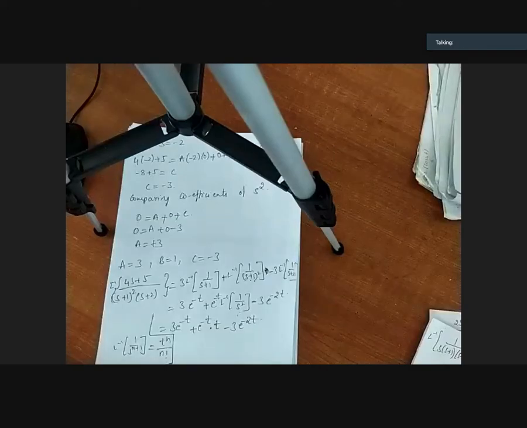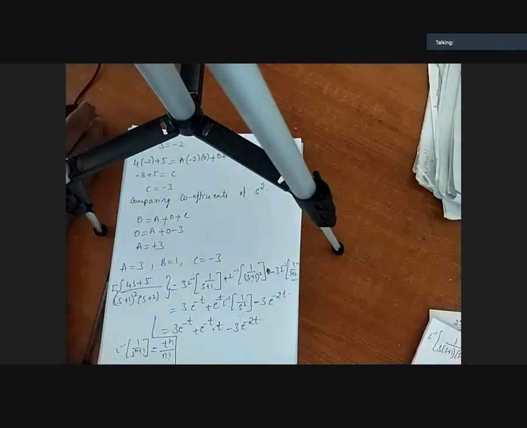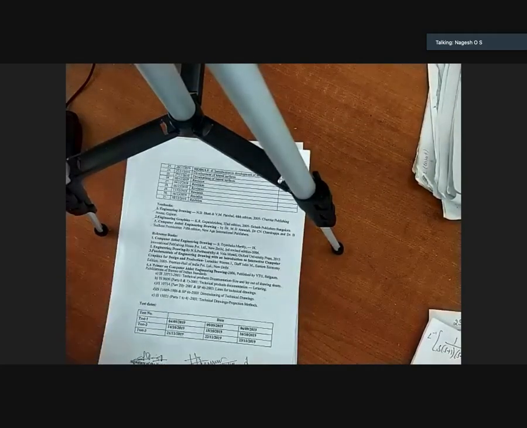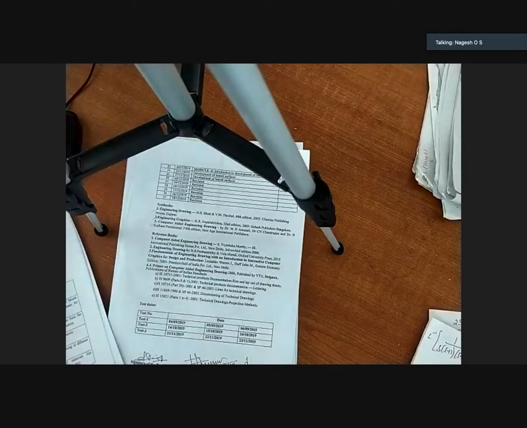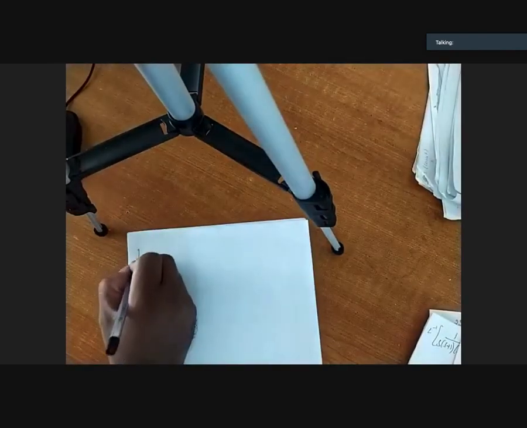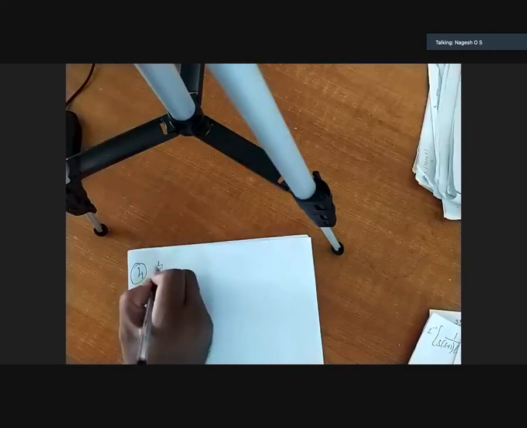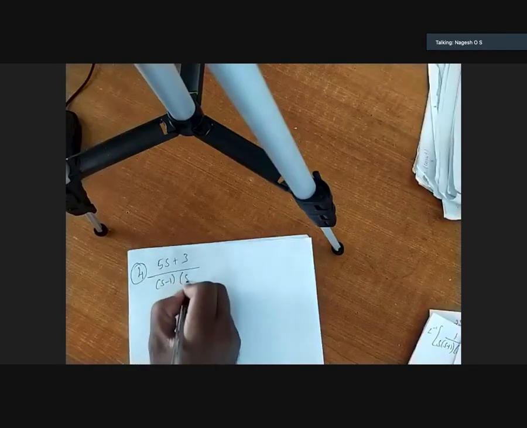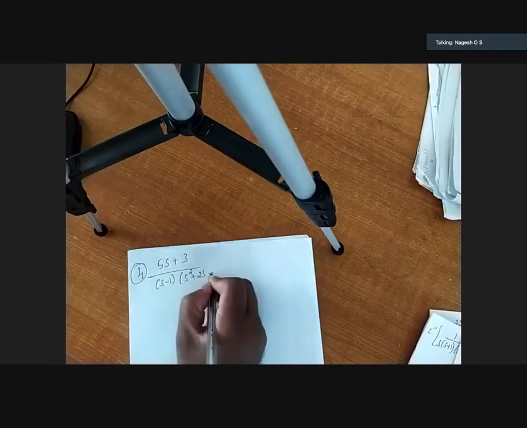Any doubt? Understood this? Next problem, if you have any doubts, you can ask. I'll write next problem so that you can try. If you have any doubt, then I will explain again. Fourth one, 5s plus 3 divided by s minus 1, s square plus 2s plus 5.